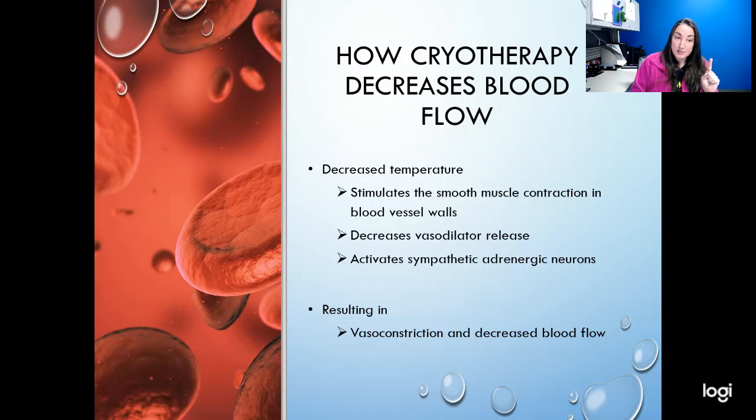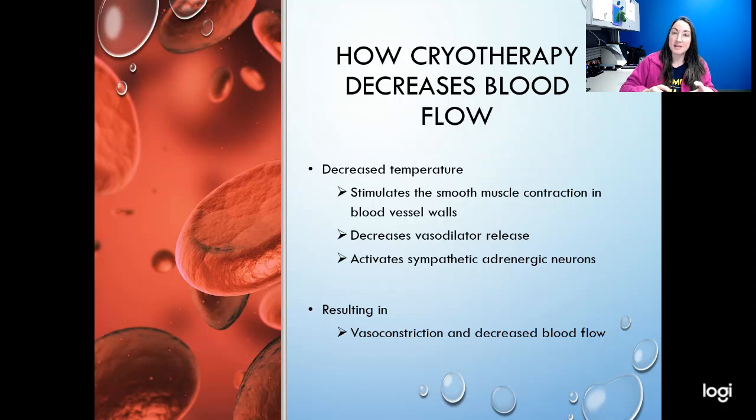I forgot to say something on this slide, so I'm going back to it. So we talked about first vasoconstriction with ice and then vasodilation. Well, with the vasoconstriction, the theory is that the reason there is vasoconstriction is the body is constantly trying to keep homeostasis. It's trying to maintain a constant core temperature and blood pressure and all the different things to reach homeostasis.